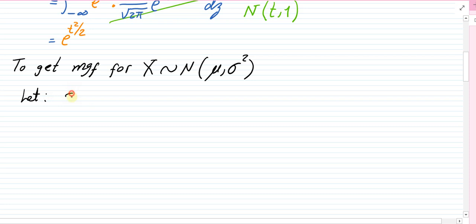I'm going to let, if you remember the standardization formula, z equal x minus mu over sigma. And in this expression, if you solve for x, multiply both sides by sigma, add mu to both sides, you're going to get z sigma plus mu.